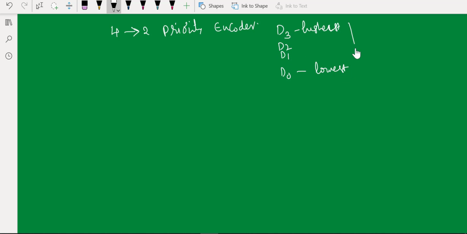So this is a priority level decrement, or this is a priority level increment. This is how I define my priority. Now I'm going to take D0, D1, D2 and D3. Now I'm going to have my outputs A, then B. I'm going to take one valid also.